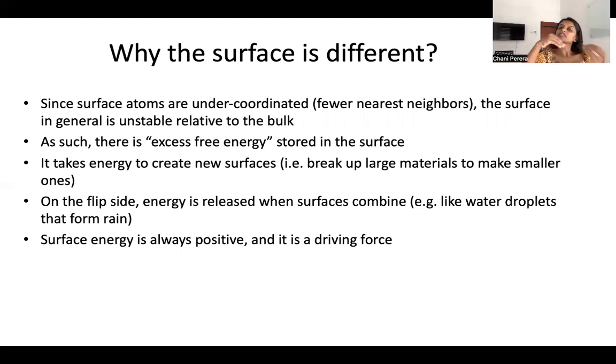So there will be excess free energy stored in the surface. And it will take energy if you're going to create a new surface, like if you try to break up a material and make smaller ones. So you're increasing the surface, that means it takes energy to create new surfaces.